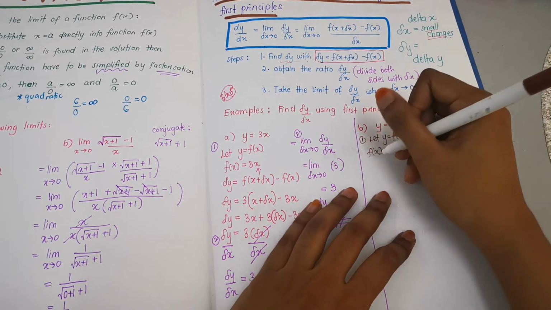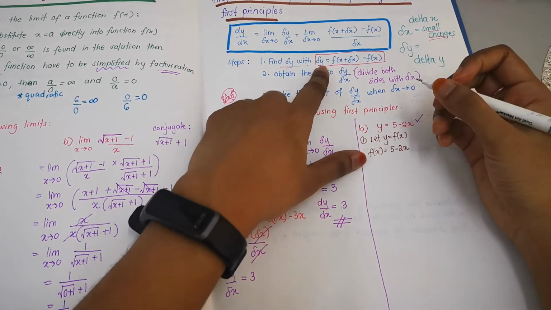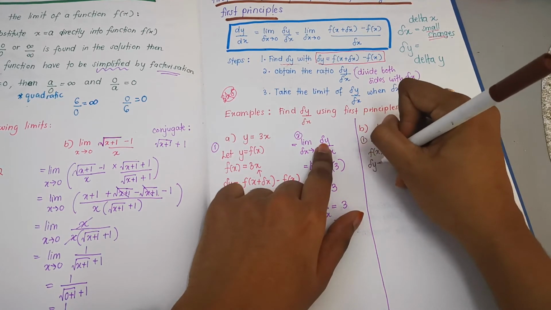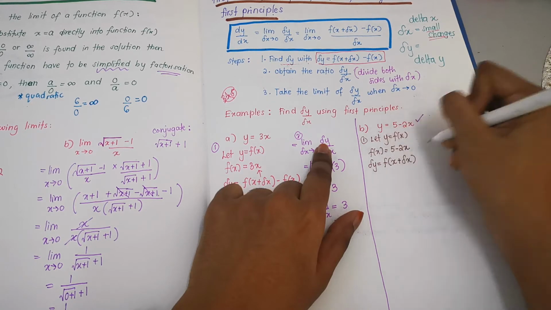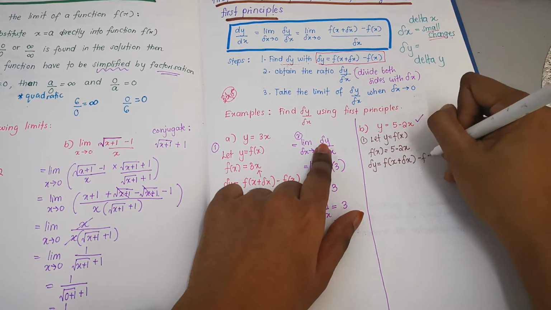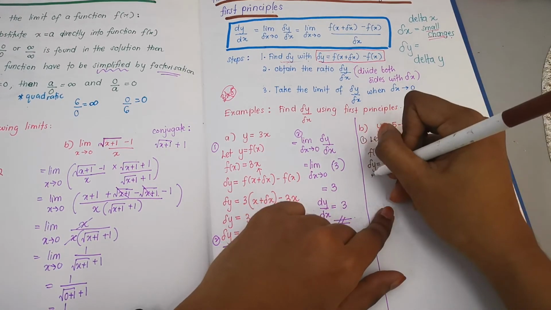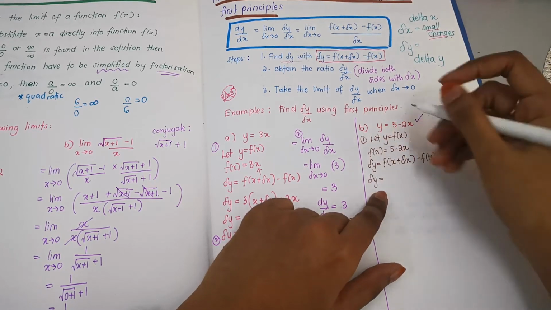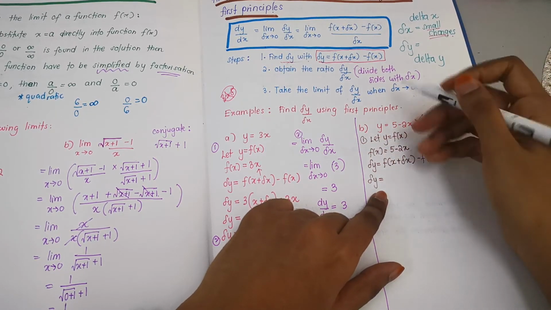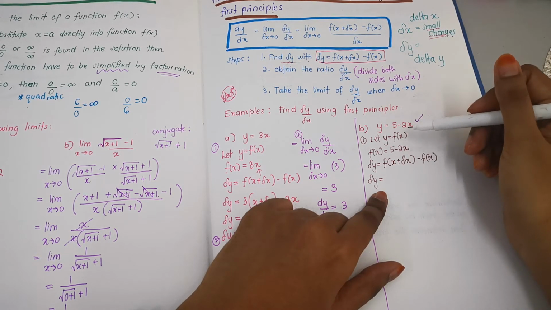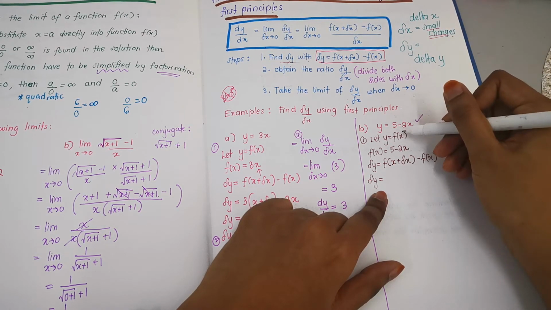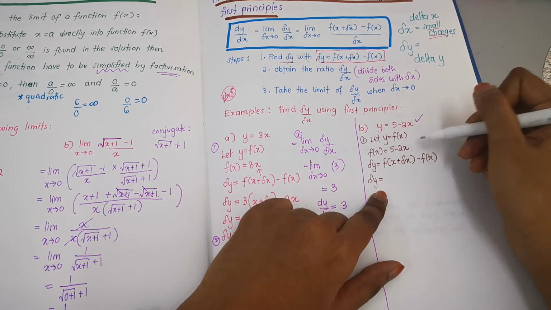Then find delta y. So write down the formula of delta y. Delta y is f(x plus delta x) minus f(x). Now we can substitute. This one got minus, right? So what is f(x) actually here? f(x) is the whole thing.